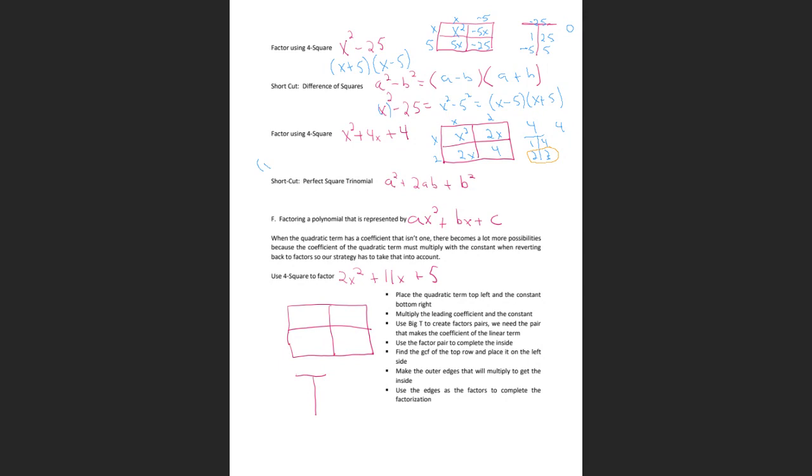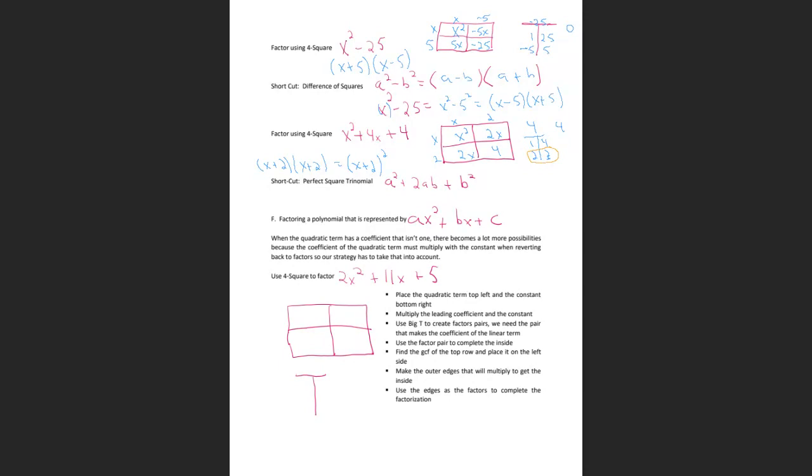So this turns into x plus 2 times x plus 2. But that's the same thing as x plus 2 squared. So when you have the same binomial twice, I'm allowed to put a power of 2 there, because again, we have the same factor twice.